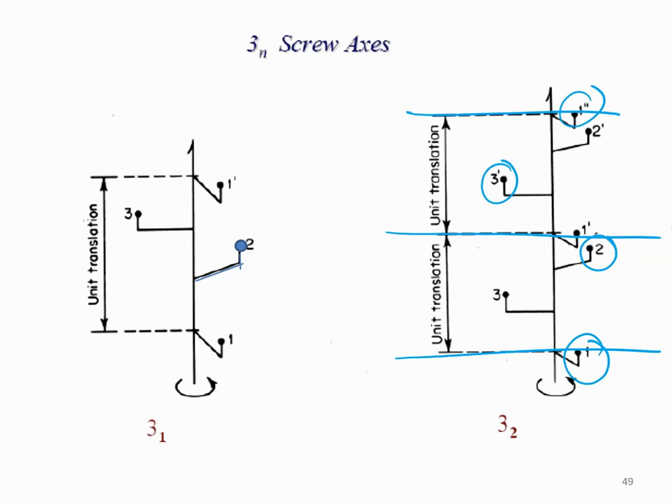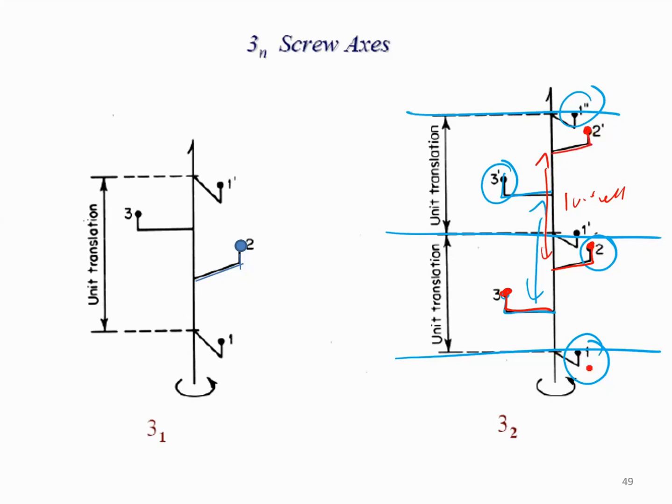And now I also notice that this point is equivalent to this point because this is 1 unit cell. So I have to add in this position here. And then number 2 is equivalent to this one because this is 1 unit cell. So this position is equivalent to this position.